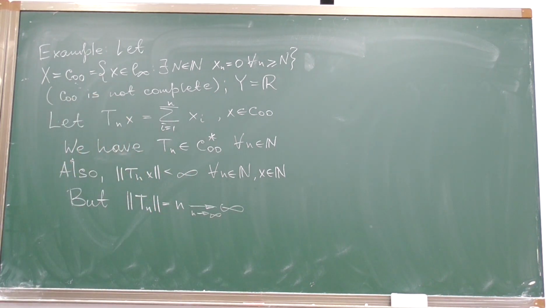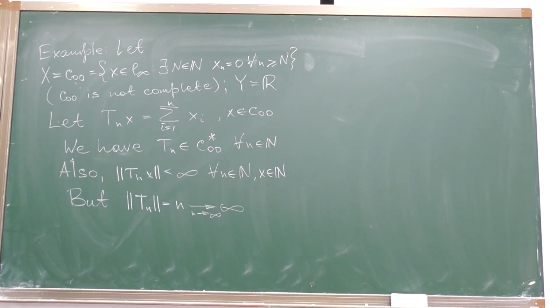For any n, take the sequence with the first n coordinates being 1, and that will give you this result. So this space is not complete. We have constructed a sequence of functionals that is pointwise bounded but not uniformly bounded.